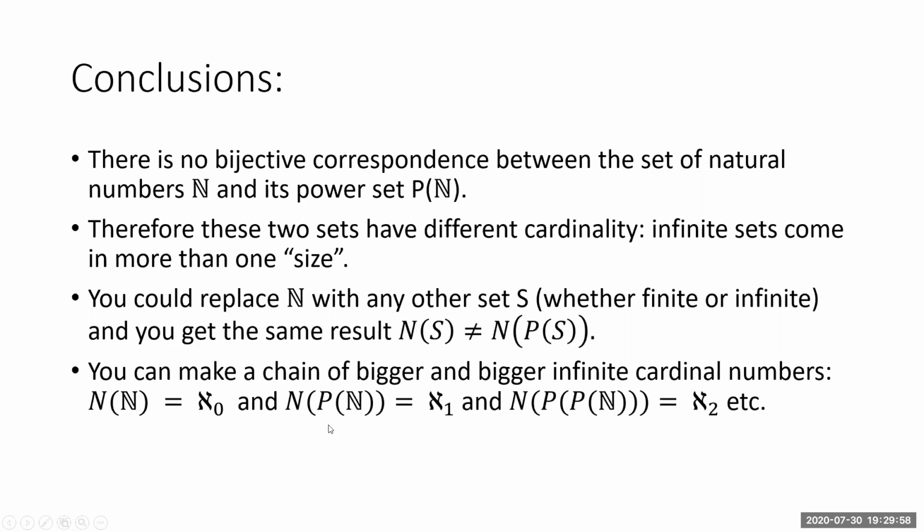You can do the power set, and the power set of the power set, and so forth, and make bigger and bigger cardinal numbers. So this Aleph null is how many natural numbers there are. This Aleph 1 is how many sets of natural numbers there are. This Aleph 2 is how many sets of sets of natural numbers there are. And so it goes.